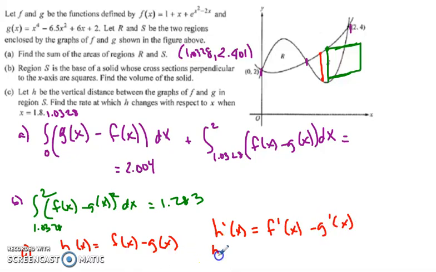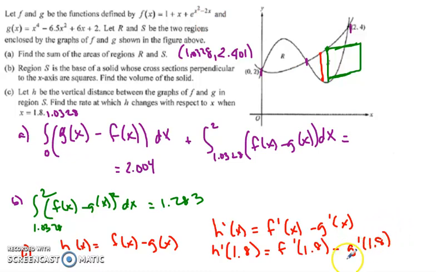So then what we're trying to do is evaluate h prime of 1.8. So I'm going to do this in my calculator. I'll have to differentiate each of f and g and evaluate them at 1.8.